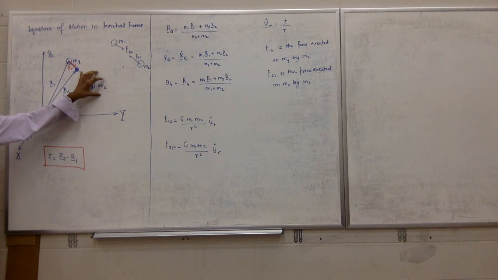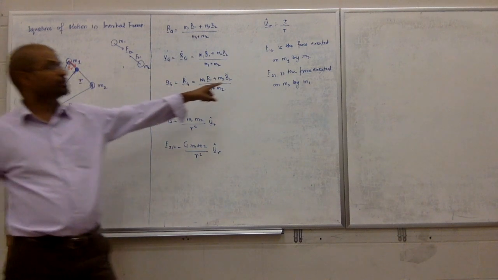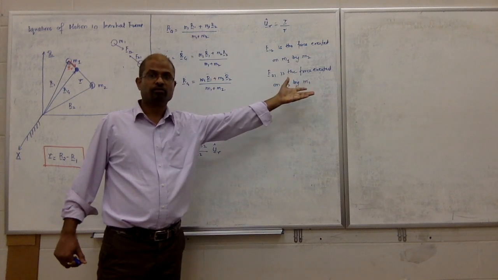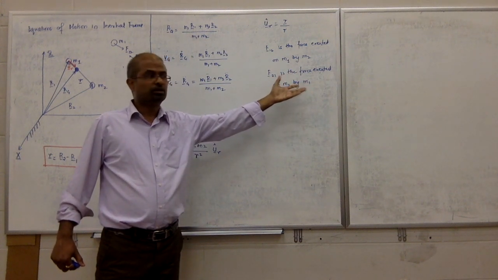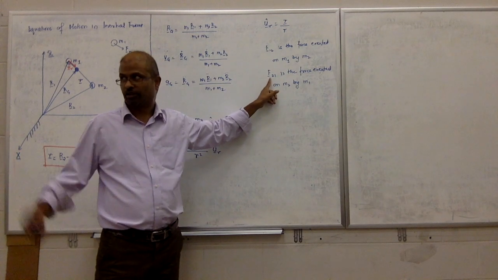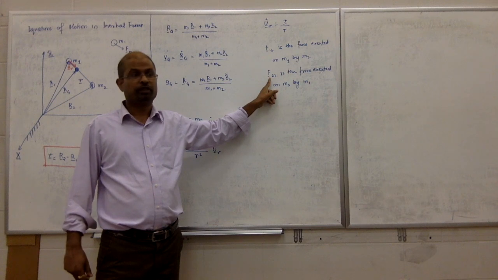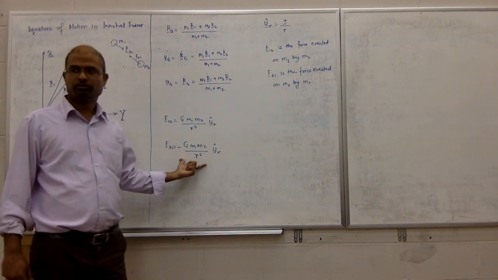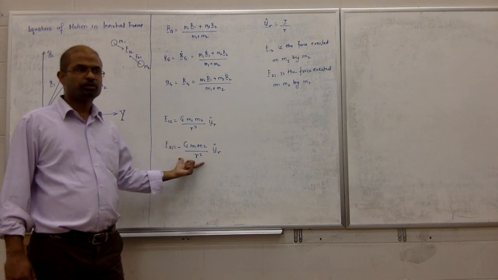And we are interested to know what is the force exerted on the orbiting body by the central body. What force is this? That's the gravitational force. This is the universal law of gravitation.